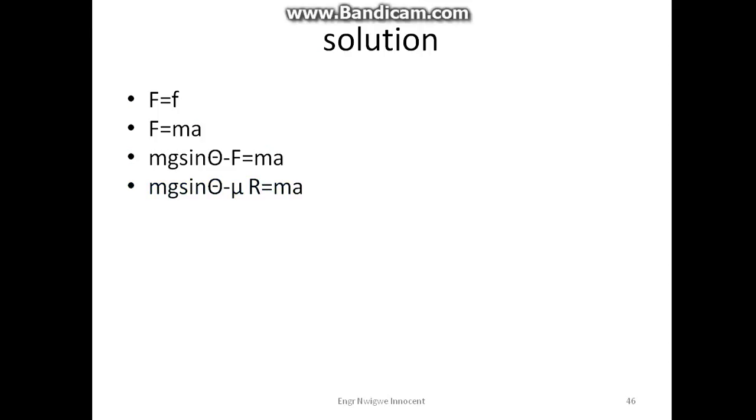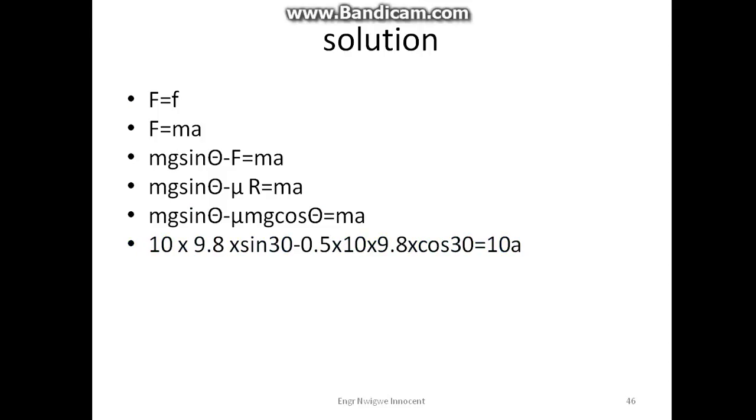If we substitute the limiting frictional force with mu R, mg sin theta minus mu times the normal reaction is equal to ma. Substituting for R, the normal reaction on an inclined plane, mg sin theta minus mu mg cos theta is equal to ma.